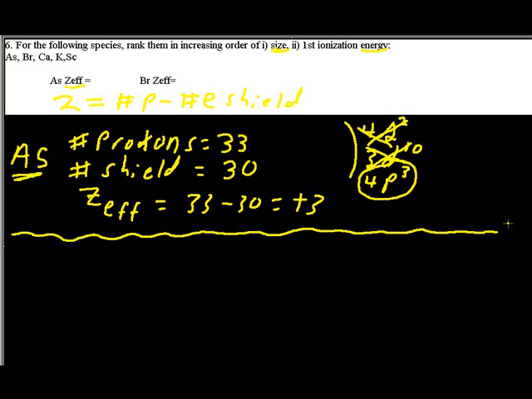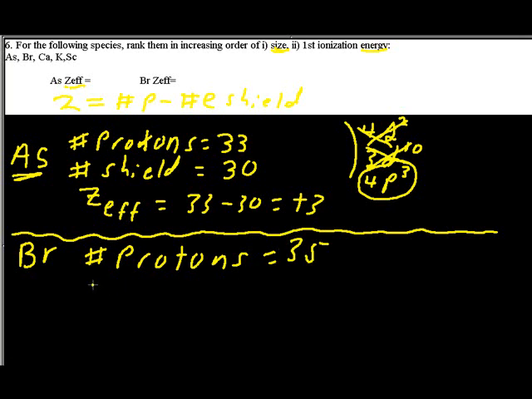Now how about bromine? Bromine has an atomic number of 35. So bromine, the number of protons equals 35, and the number of electrons that are involved in the shielding, let's take a look.